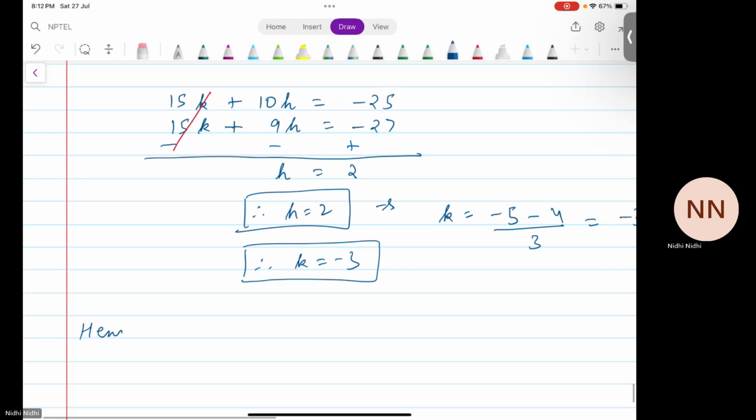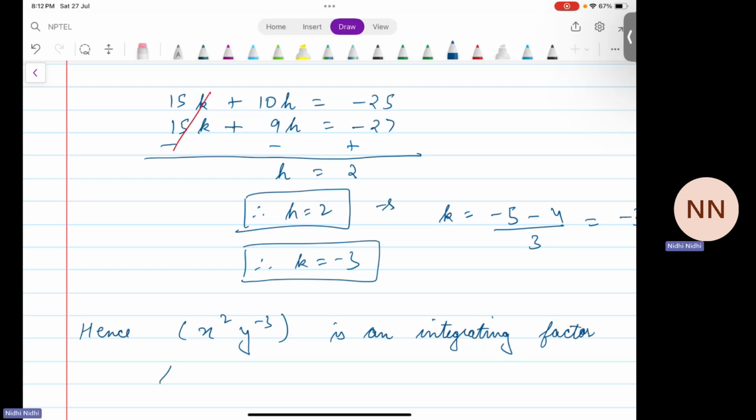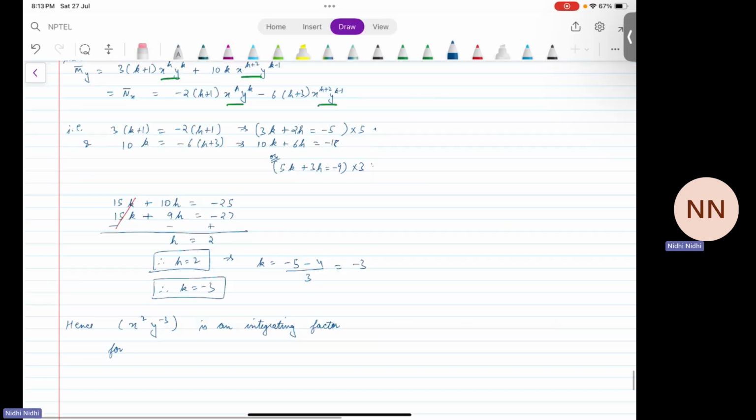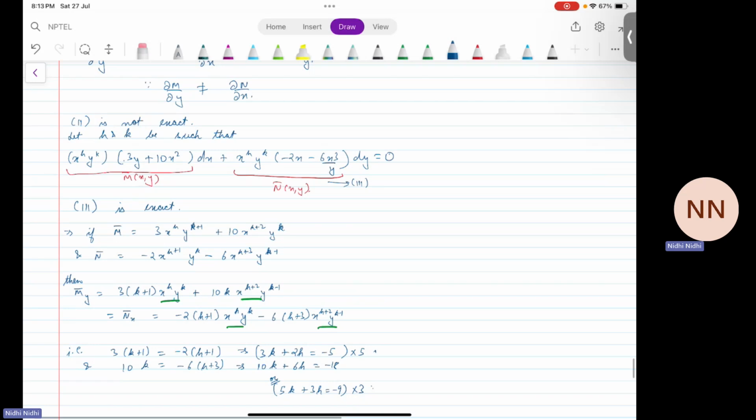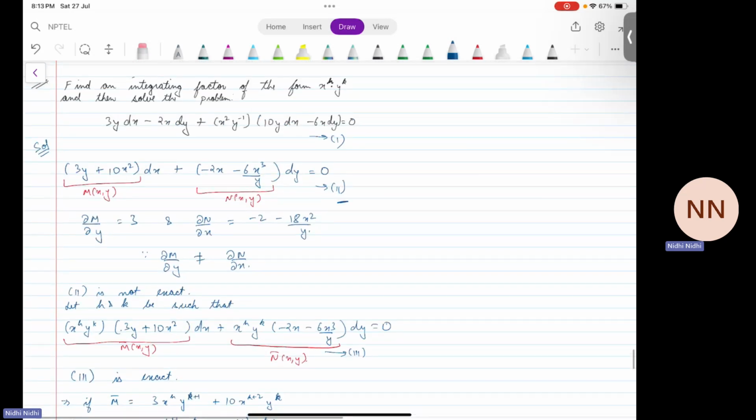Hence, x^2 y^(-3) is an integrating factor for our main equation, equation 2.